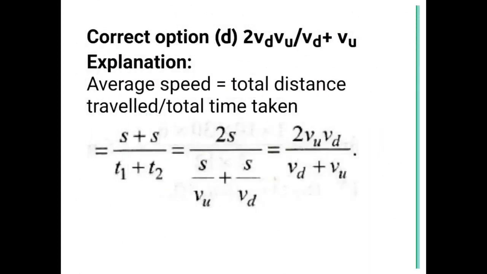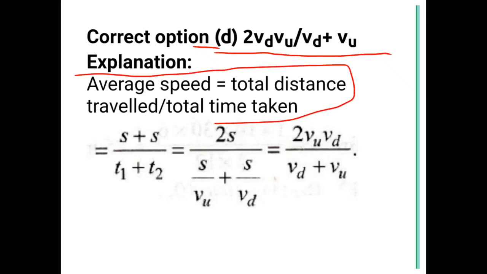The correct option for question number 12 is option D, 2 vd vu by vd plus vu. Here you know the formula: average speed is equal to total distance by total time taken. You know this formula very well. What is the total distance traveled? If s is the distance traveled, then s plus s is the total distance.